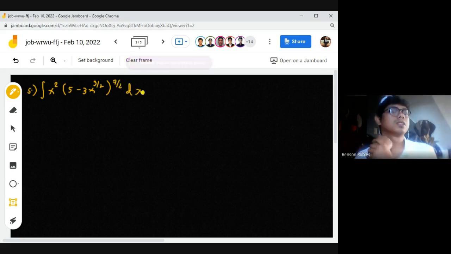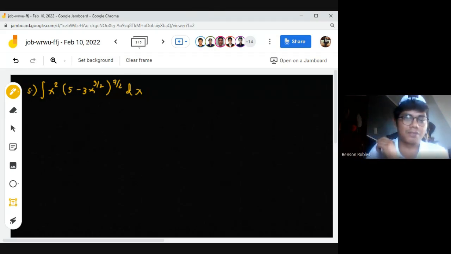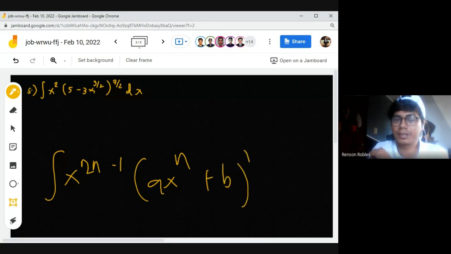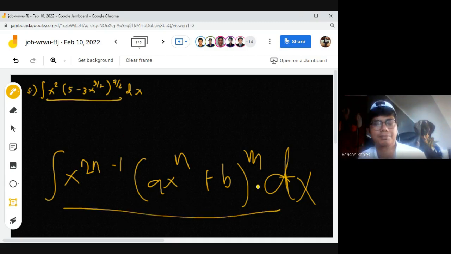Okay. So that's integral of x squared times the quantity 5 minus 3x raised to 3 halves raised to 7 halves dx. You first examine the given if it follows the form x raised to 2n minus 1 times the quantity ax raised to n plus b raised to m dx. If this follows this form, then you can use the formula.